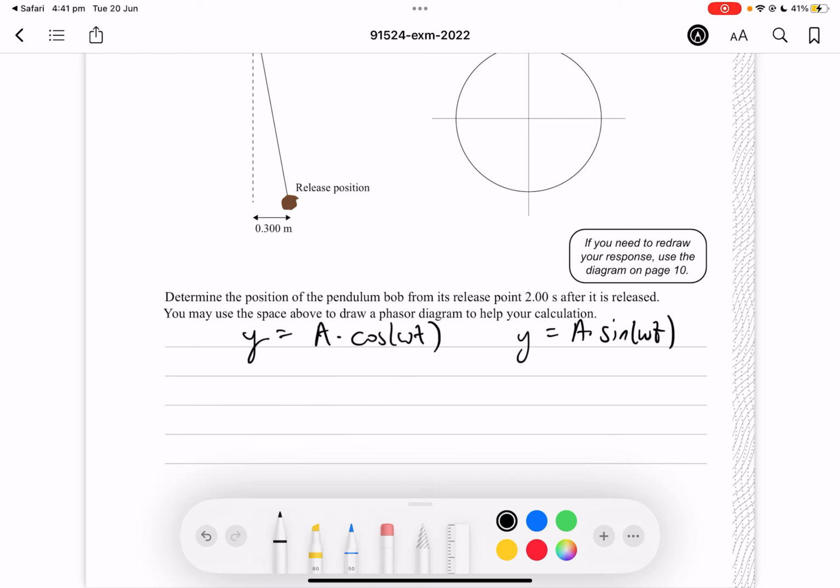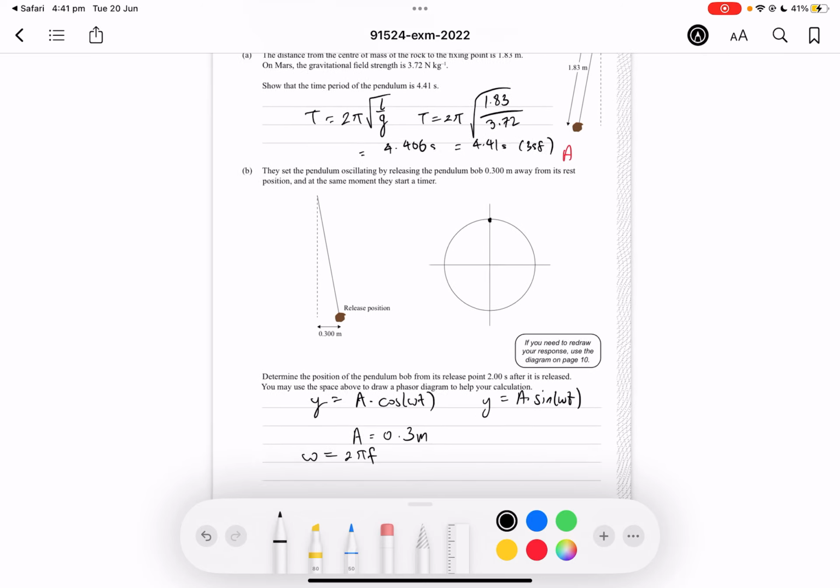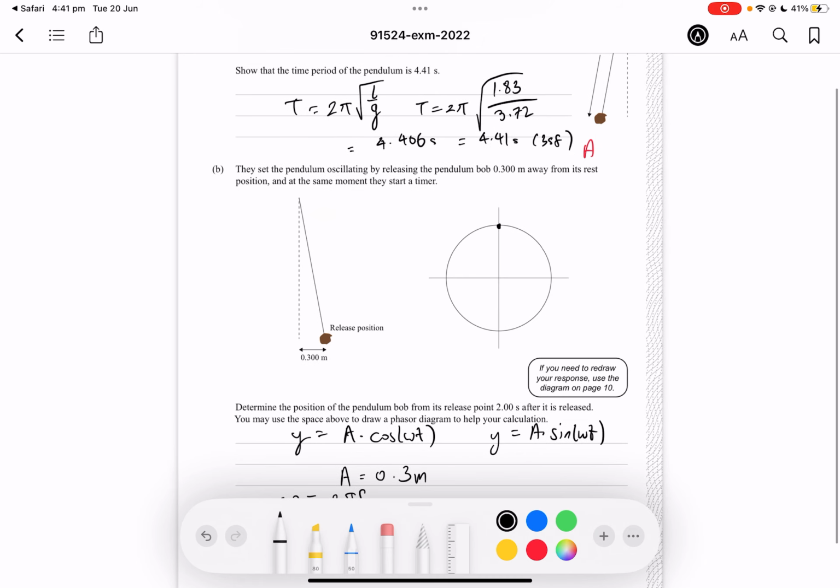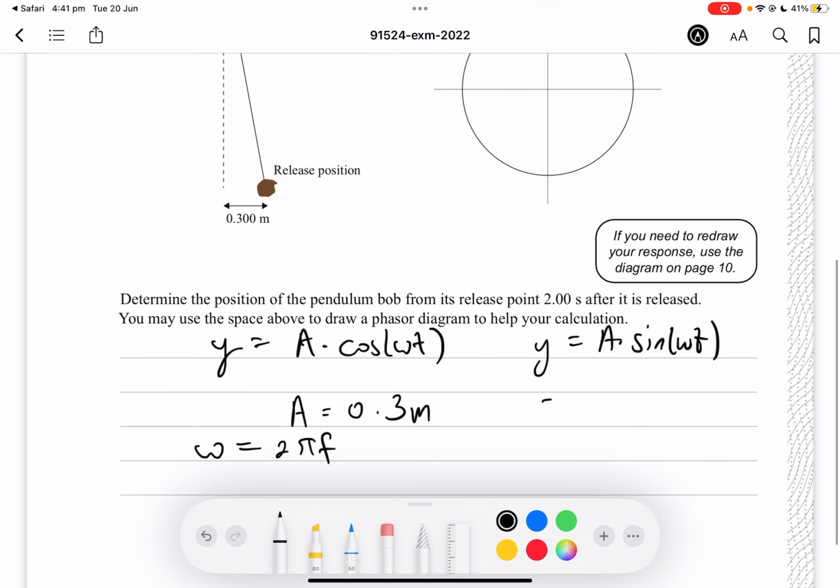Alright, so we're trying to find the position, and we know the amplitude, the maximum displacement from the equilibrium, is 0.3 meters. And we need to find omega, which is 2 pi times f, and that should be in terms of the time period. The period is equal to 4.41.